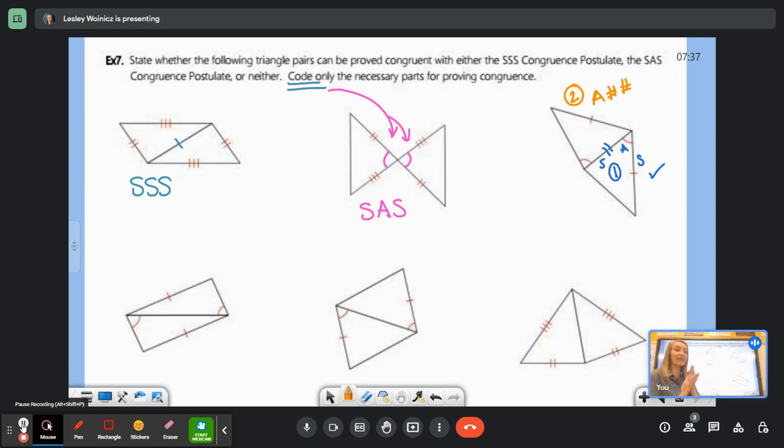Okay, so we cannot use SSS or SAS on this pair of triangles. Okay, this is a neither. Okay, we'll find out in our next video that those are actually not congruent. We can't prove those congruent, but we don't know that yet. Right now, we're just going to say neither.